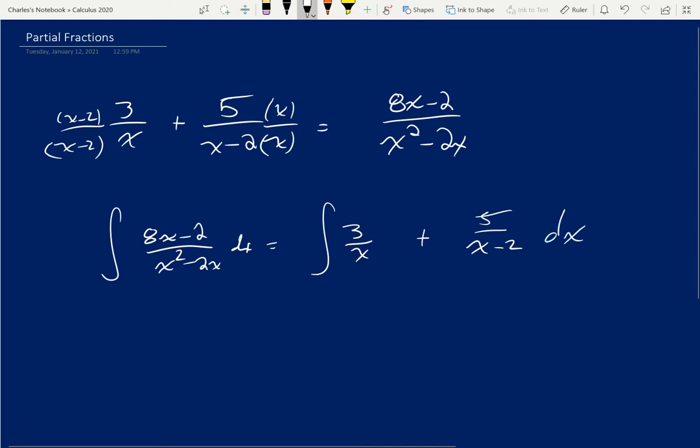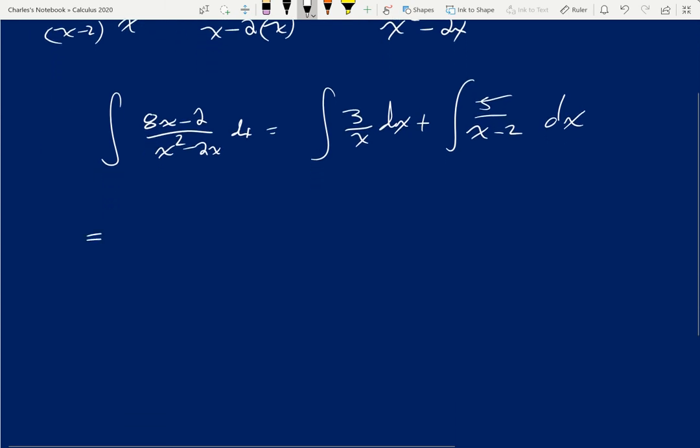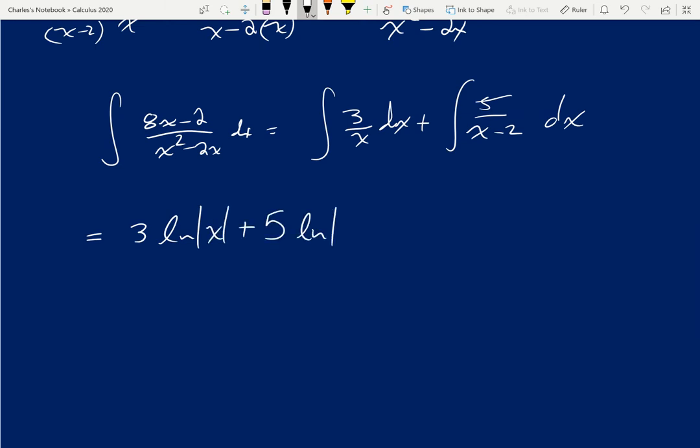And if I wanted to, because this is how integration works, I can turn that into two individual integrals. Then this becomes 3 natural log of the absolute value of x plus 5 natural log of the absolute value of x minus 2, plus c.